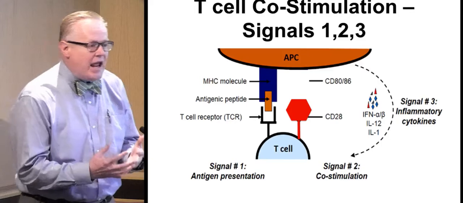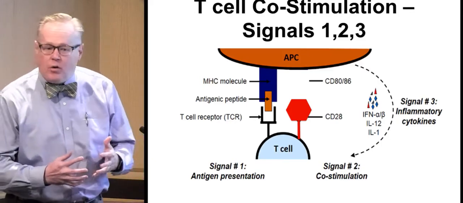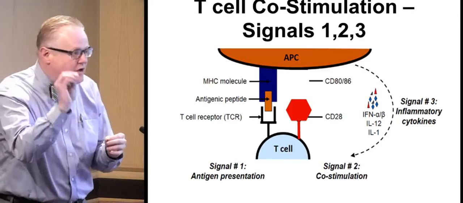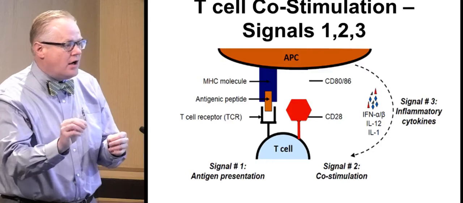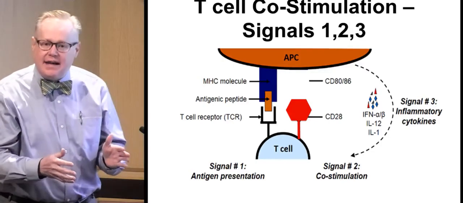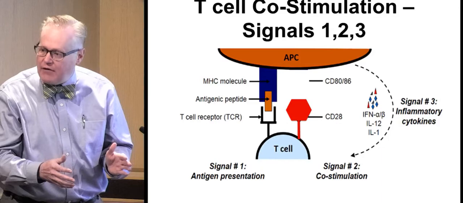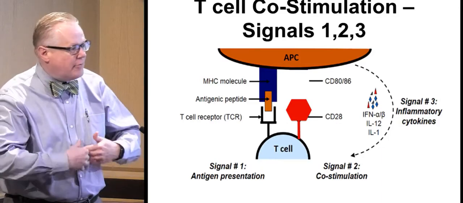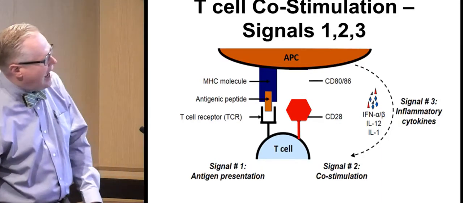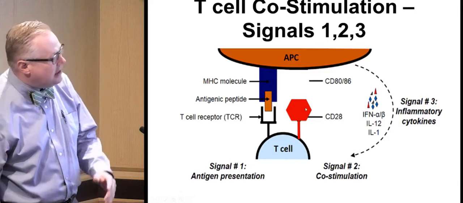And so in these patients who have CTLA-4 haploinsufficiency, they have a mutation in one copy of CTLA-4, so they have only half as much CTLA-4 as they're supposed to have, and they then develop severe autoimmune disease because they have only half as much stop signal, and you need a full amount.